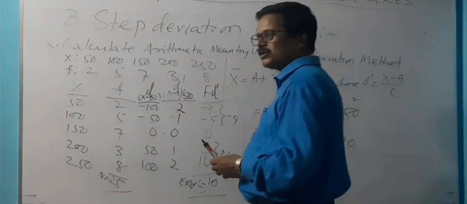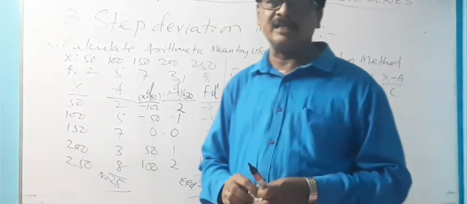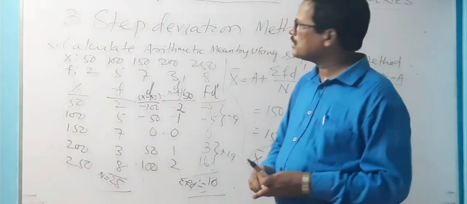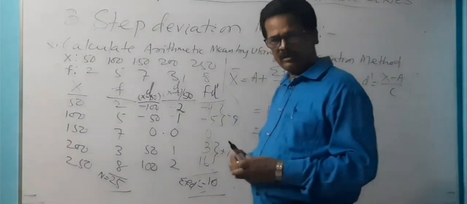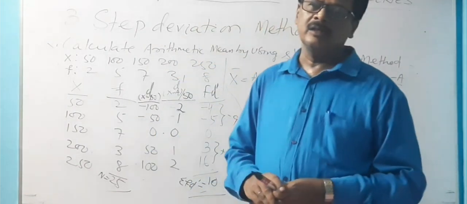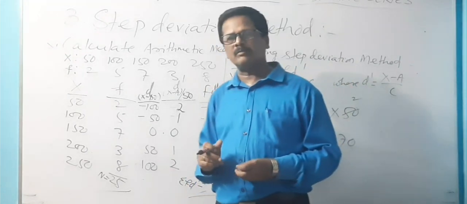We have already discussed that to calculate arithmetic mean in a discrete series, there are three methods. Number one is the direct method, number two is the shortcut method, and number three is the step deviation method.